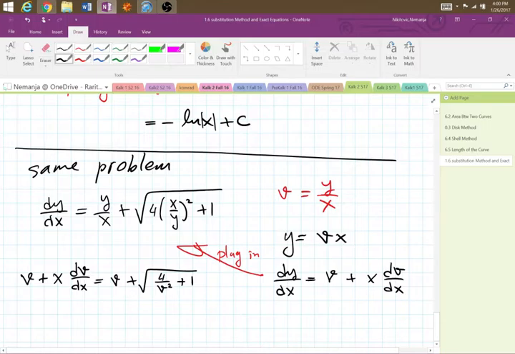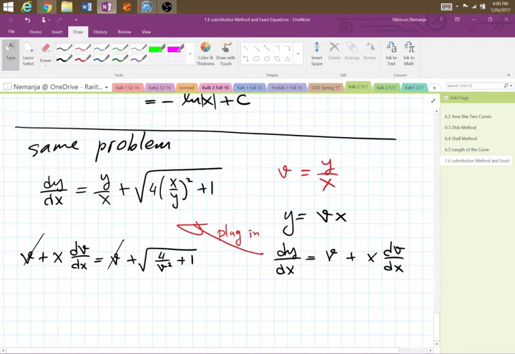Everything was squared, so that's what we get. Now v is again, and we have a separable equation. Awesome. So we have x dv/dx equals the square root of 4 over v squared plus 1.